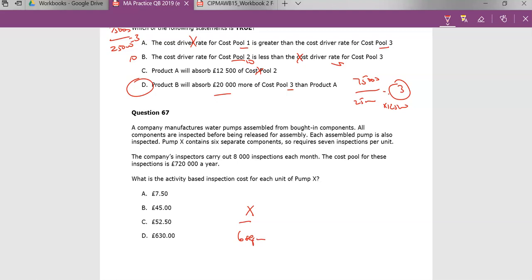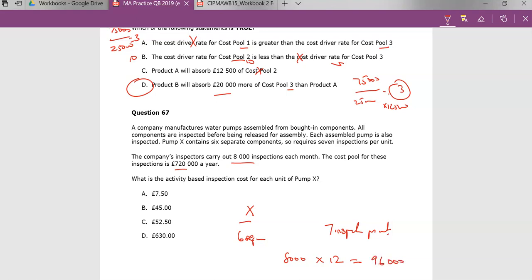Right, and so it requires 7 inspections per unit. And it says they carry out 8,000 inspections each month, so that means they carry out 8,000 inspections times 12 each year, because it tells us what the cost is for the whole year. So 8 times 12 is 96, so I have 96 and 3 zeros.